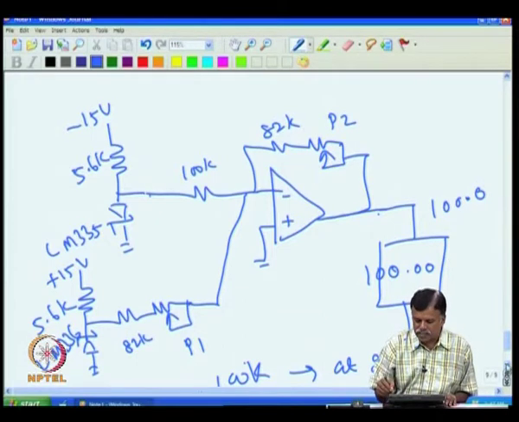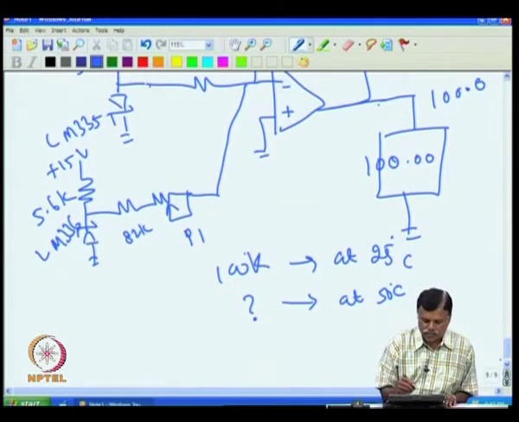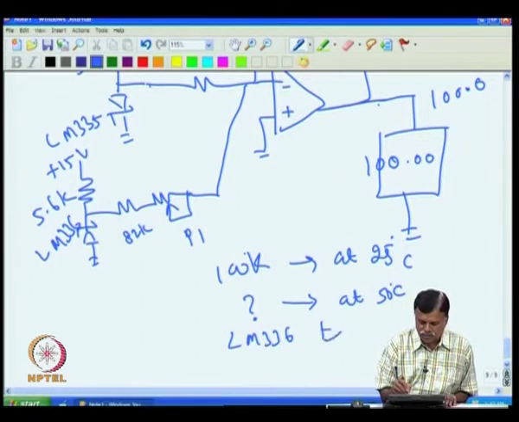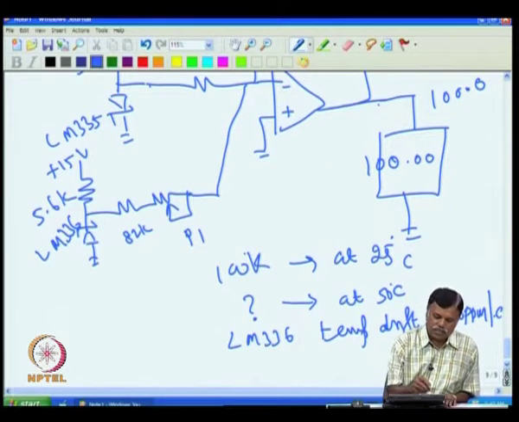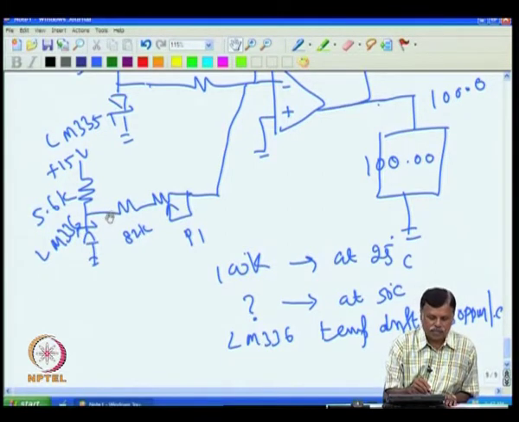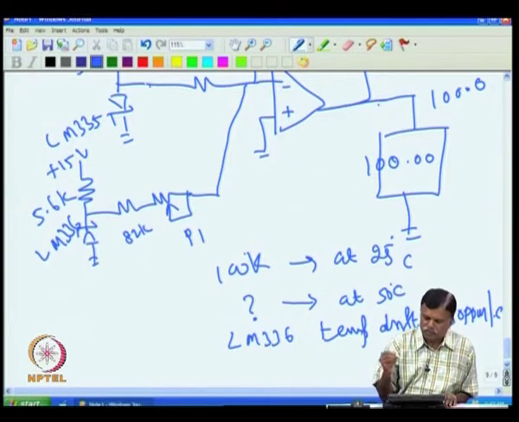If you look at the data sheet of LM336, then LM336 says temperature drift is equal to 30 ppm per degree C. That is, the voltage available at this point will be changing by 30 ppm per degree C. They are not telling whether it will increase or decrease. If you look at the data sheet carefully, they are telling it is plus or minus 30 ppm.